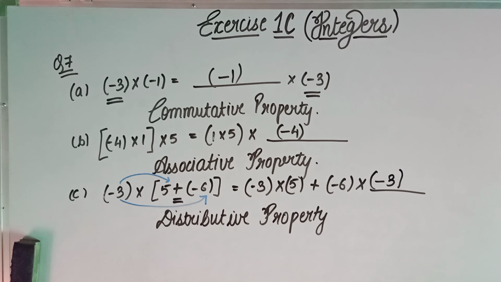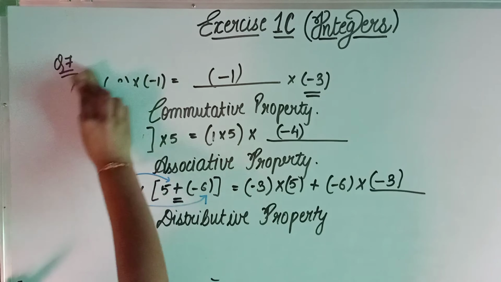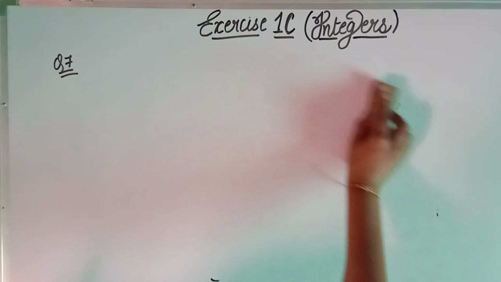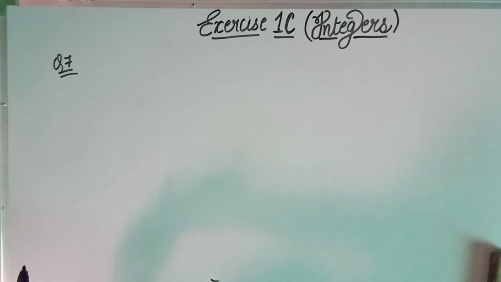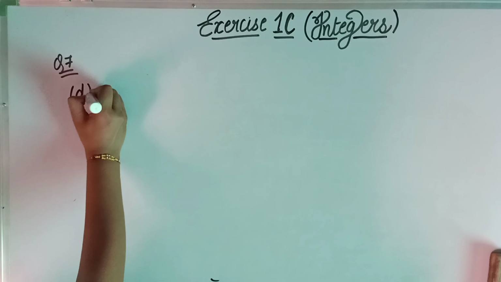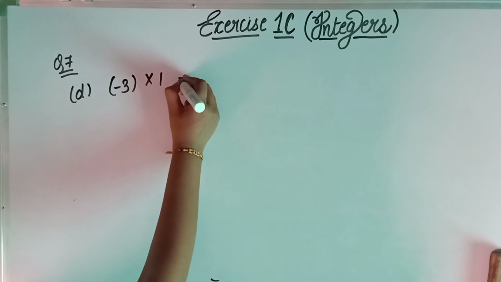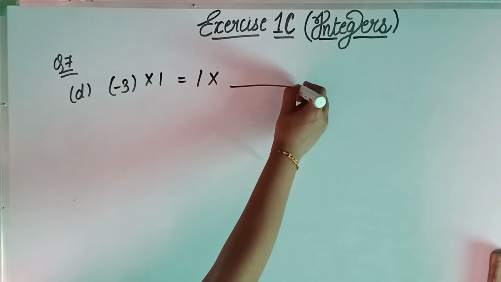Now we are moving ahead with the D part. Let me rub this. The D part which we have is -3 multiplied by 1 is equal to 1 multiplied by this.